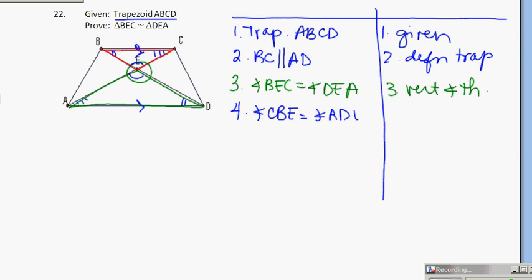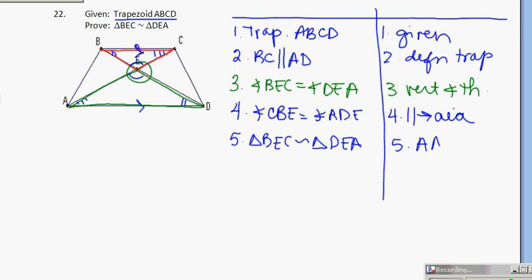So I'm going to go ahead and say that angle CBE is equal to angle ADE, and that is by parallel implies AIA. And I have enough information to say that triangle BEC is similar to triangle DEA.